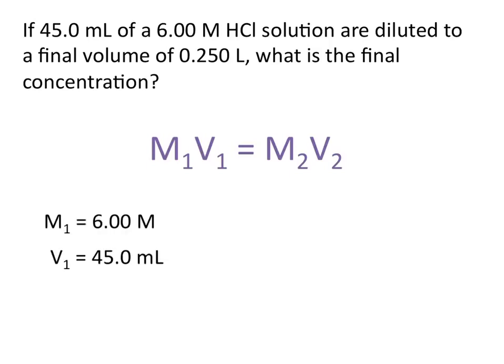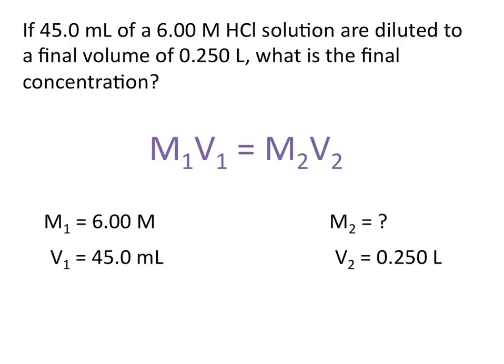The molarity of our first solution is 6 molar, and the volume that we have of it is 45 milliliters. We're asked what the concentration would be when we dilute the initial solution to 0.250 liters, so our second molarity is unknown. And that's the value that we'll be solving for.